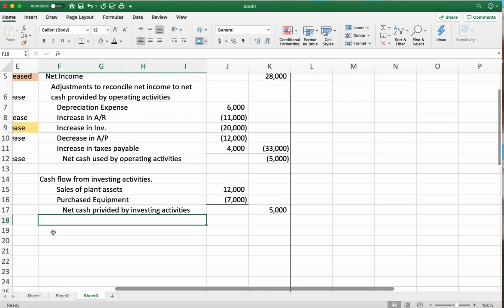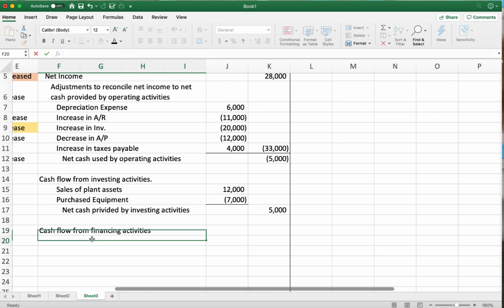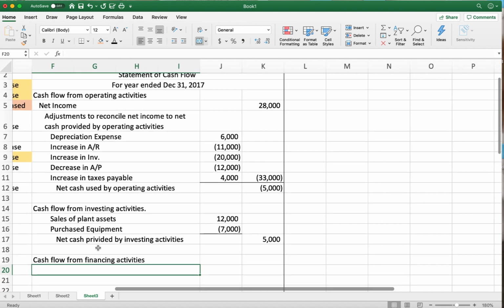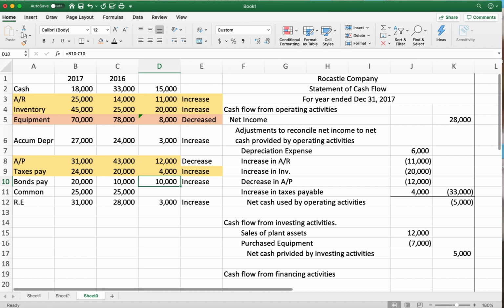Okay, we're going to skip a space, and now we're going to list our cash flow from financing activities. And we can go back and look and say, we issued bonds, $10,000, right? Did we issue any common stock? Nope. Did we pay dividends? Yep, sure did. It's not on here. Where's it at?